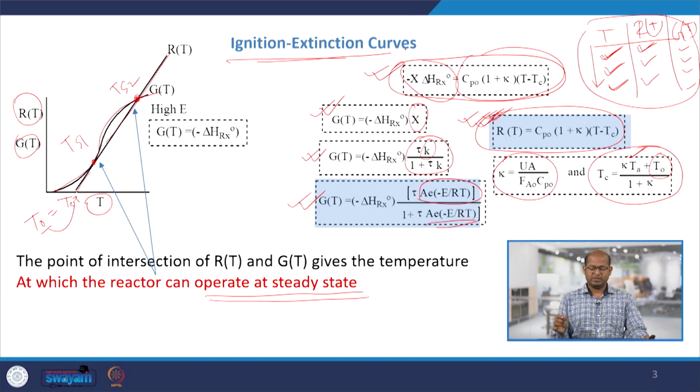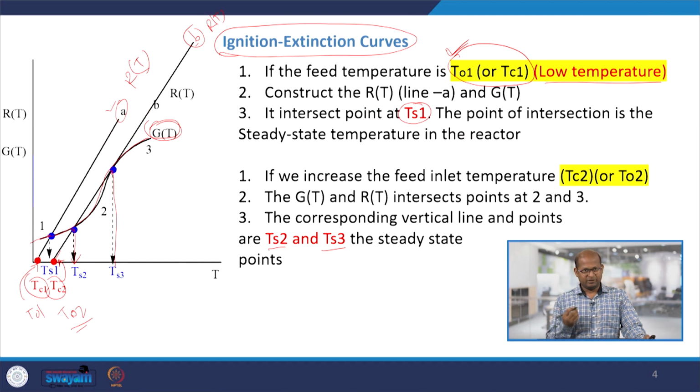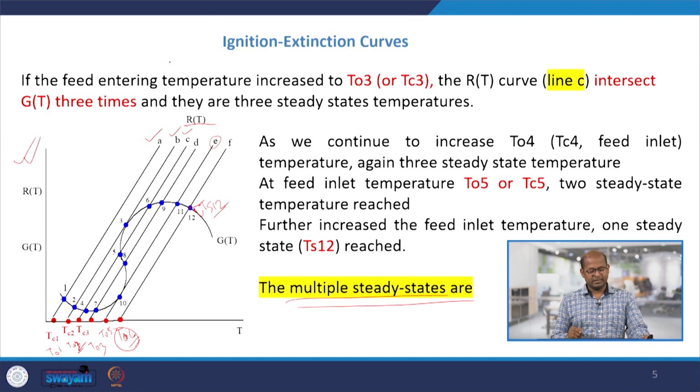From the energy balance equations we developed the RT and GT curves, and from there we can get the steady state temperatures at a particular feed inlet temperature. Once we change the feed inlet temperature from low to gradually high, the heat removal lines shift from this to this. Like that, for different feed inlet temperatures, these lines will move this way.